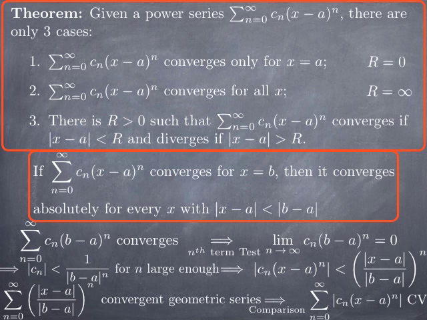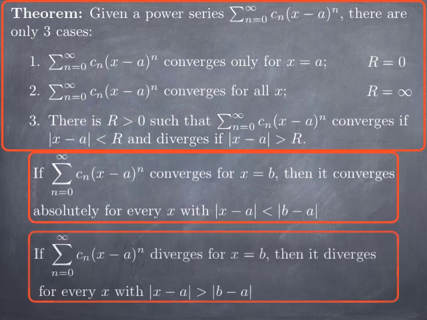In particular, you should see that in the theorem for 2 and 3, when we have convergence, we have actually absolute convergence in this statement. Now in 3 you also have a part about the fact that the power series diverges if the distance from x to a is larger than r, and you can easily imagine that we can use the same type of argument that we have used to prove that if the power series converges for x equal b, then it converges for every x that is closer to a than b.